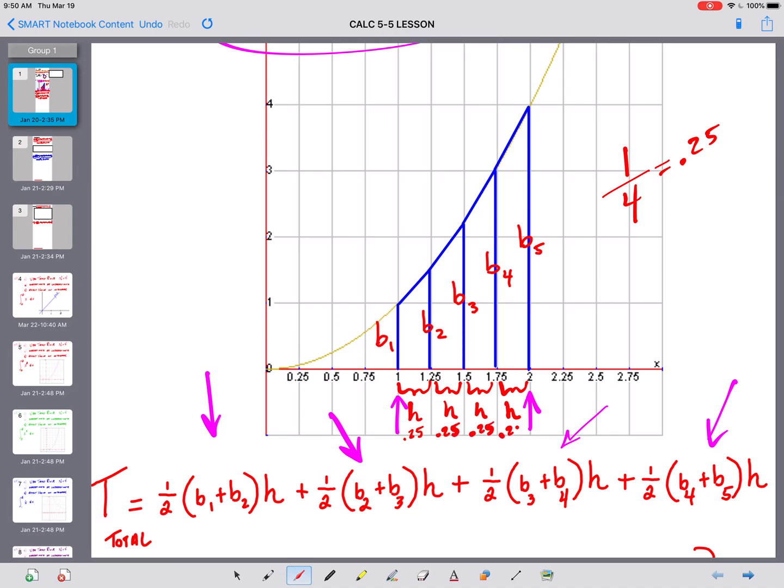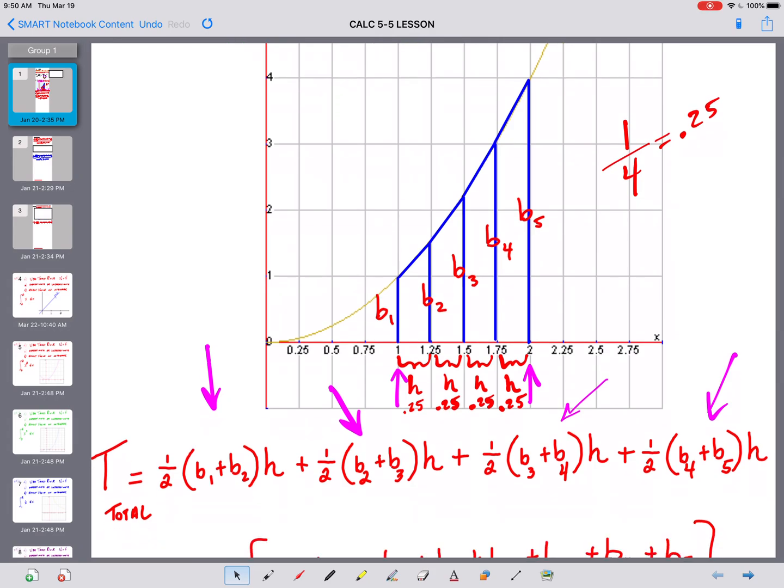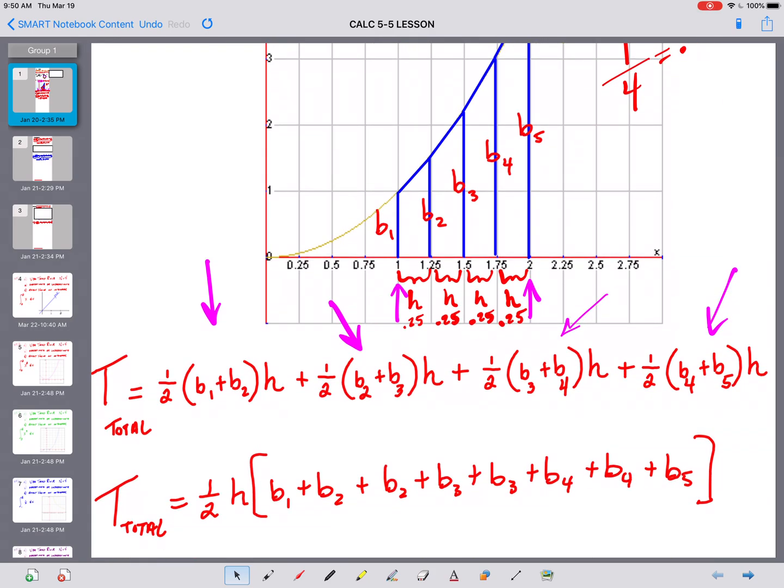So now look back at the equation. The 1/2 is common and the h is common, so let's factor that out. Now we have 1/2 and h factored out in front.